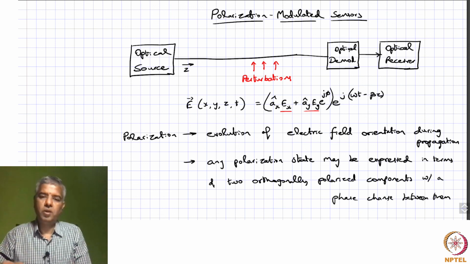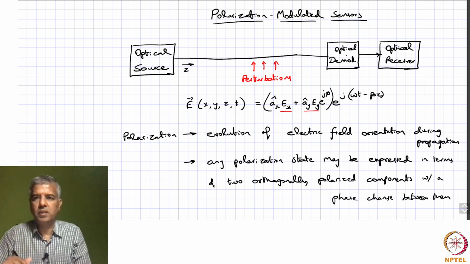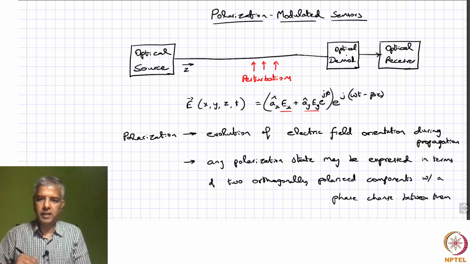Without any perturbation, maybe it would be the same polarization that's coming out. But if there was a perturbation, that polarization state would change, and correspondingly this optical demodulator will give a change in the intensity. That's how we use it as an optical sensor, and we'll look at that in a little more detail in the next lecture.